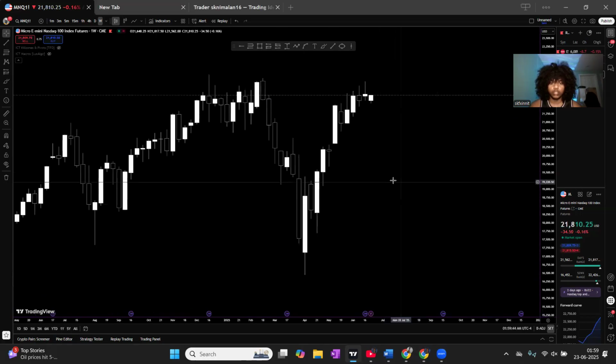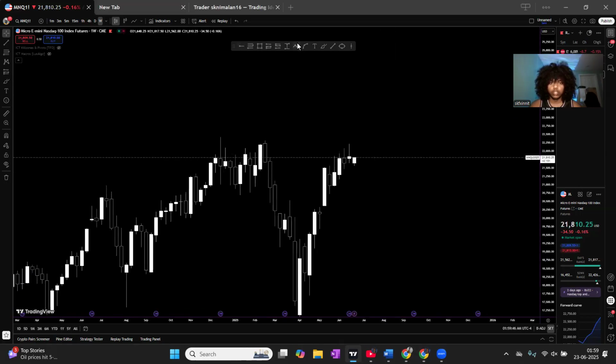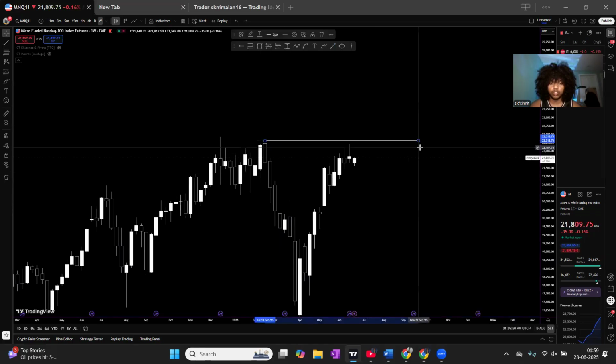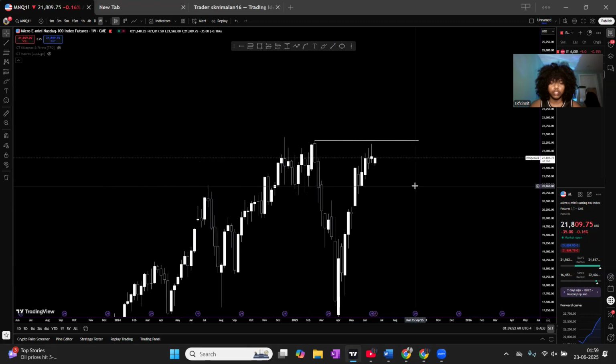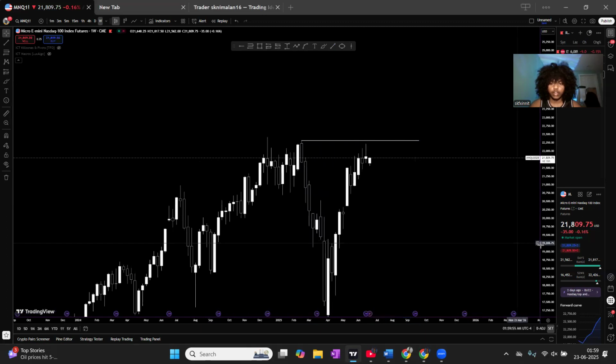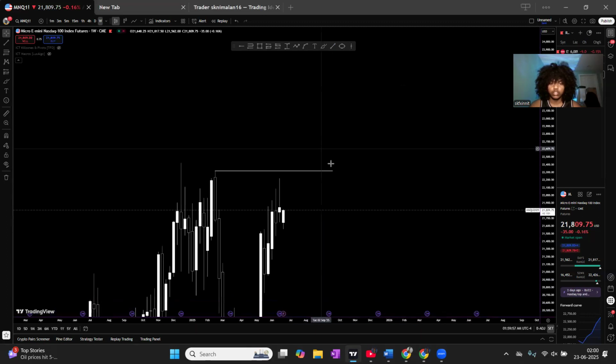So the weekly time frame still looks bearish to me. So that's one liquidity, and that's like too much, right?